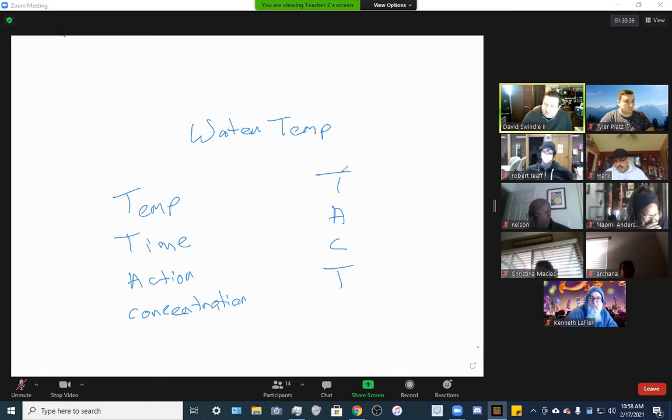For example, if we are killing germs, and if you guys do yourself a favor and look at the side label of your disinfectant, it will tell you that it has a certain amount of time that it has to be in contact with the surface where it's wet. We call that dwell time.